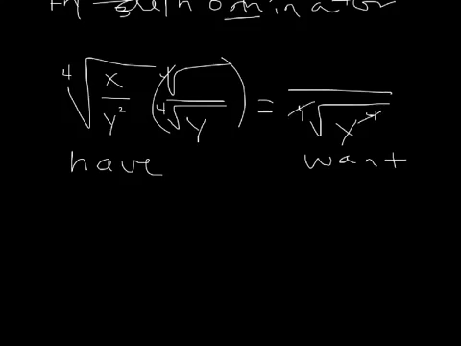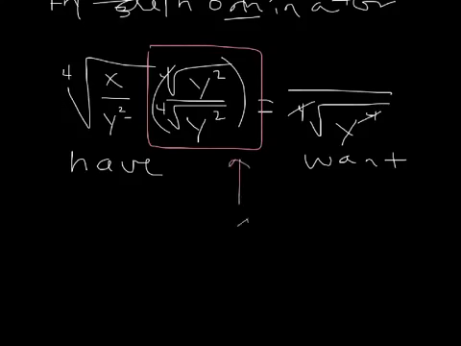Well, that means underneath here, since I already have 2, I need another 2. So this pink box has to be the number 1. So what I need is this item right here to be y squared.